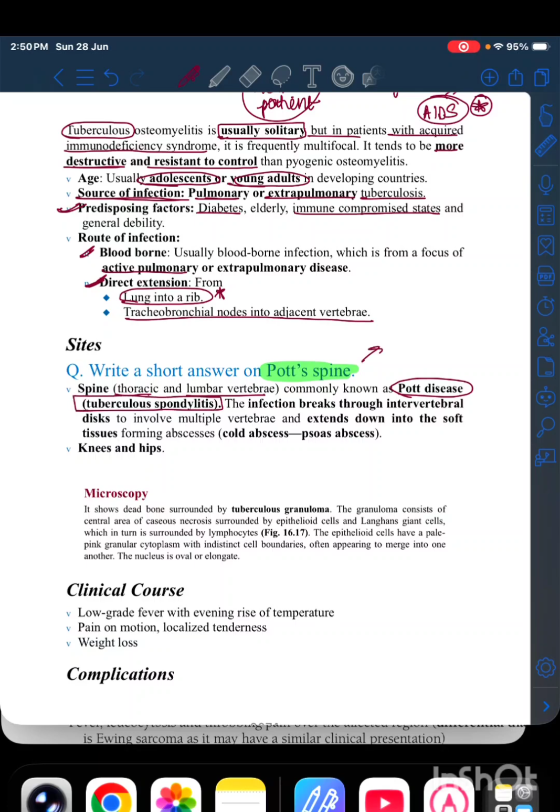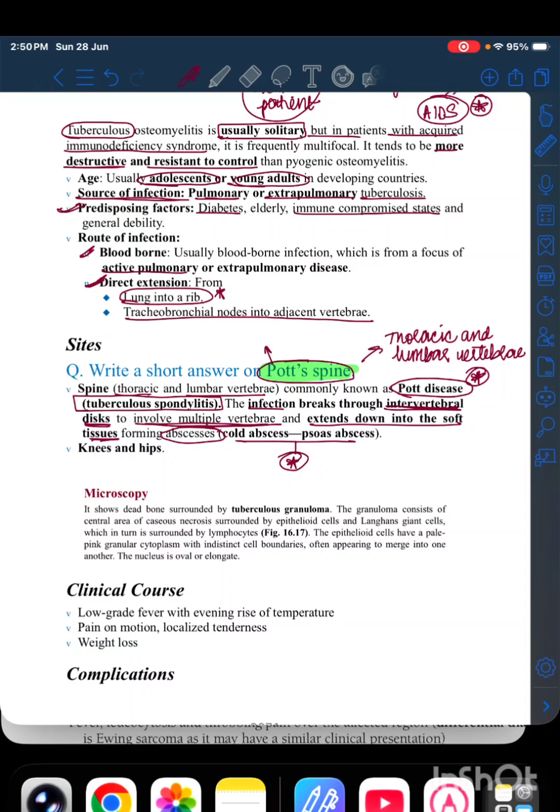Pott disease breaks through intervertebral discs to involve multiple vertebrae and extends down into the soft tissues, forming abscesses, cold abscess, psoas abscess. So Pott spine is also known as tuberculous spondylitis.